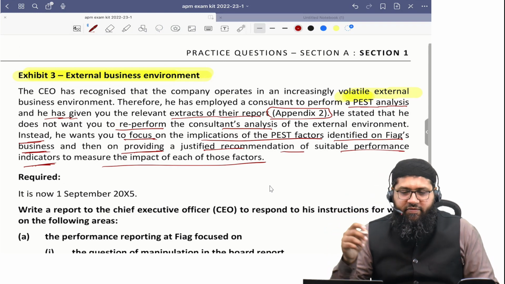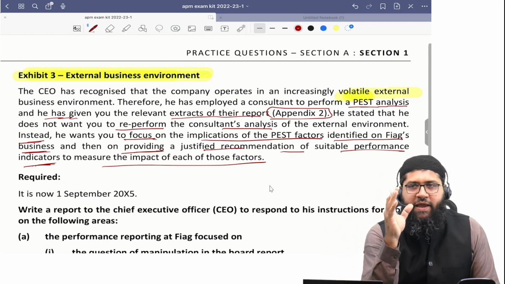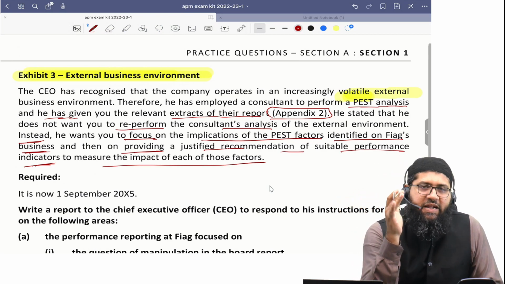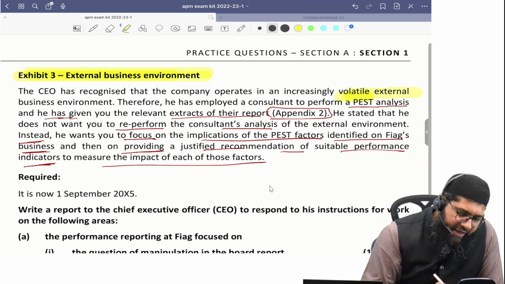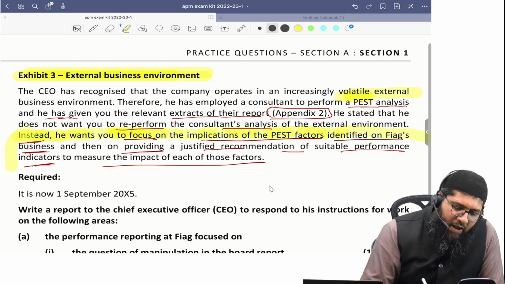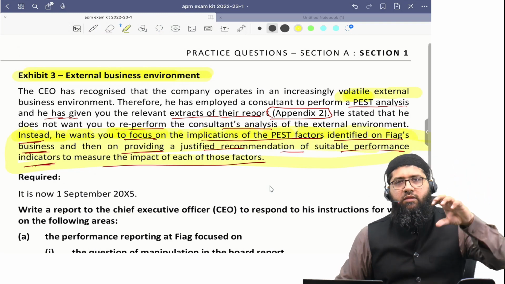Now see, just try to understand. This is very common in APM: the question's requirements are not clear until you read the question itself. Here, this is where the examiner has highlighted what the CEO wants. This whole part is the requirement of the question.